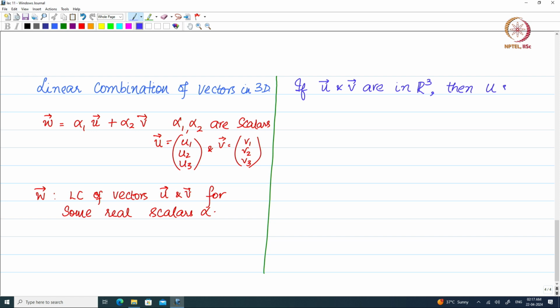We already know this definition of linearly independent and linearly dependent from 2 dimensions. They are linearly dependent if u can be written as k times v, for some scalar k.